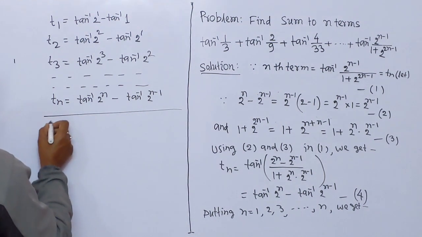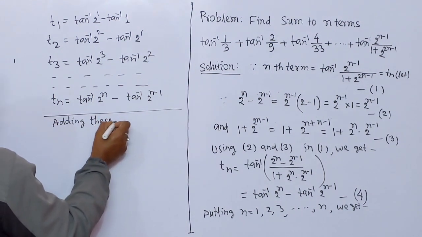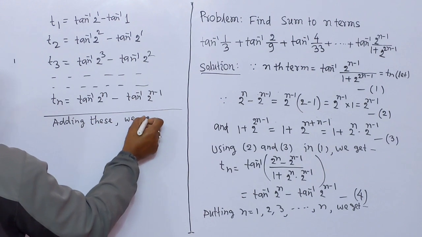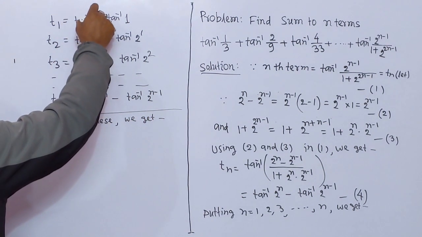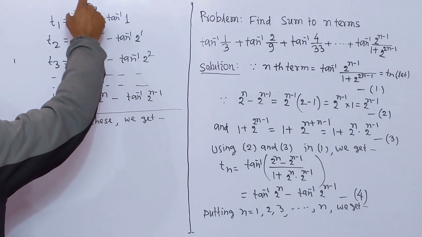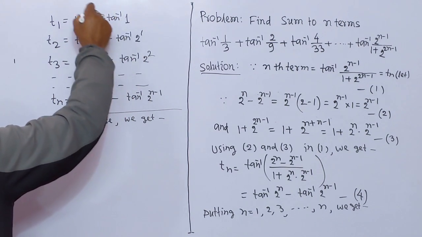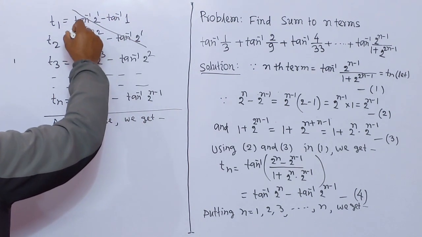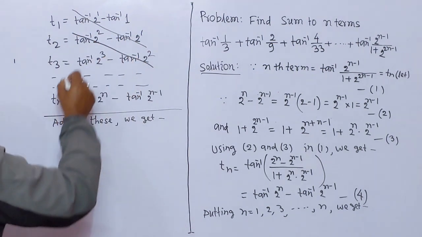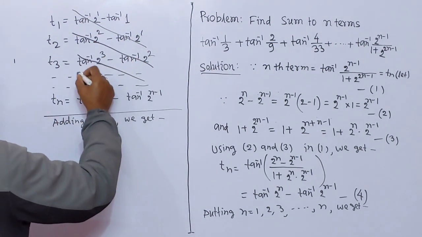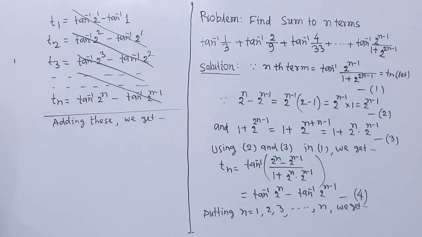Adding these, we get: here tan inverse 2 positive, here tan inverse 2 negative, cancel. This is positive, tan inverse 2 square, tan inverse 2 square negative. So this diagonal will be cancelled.